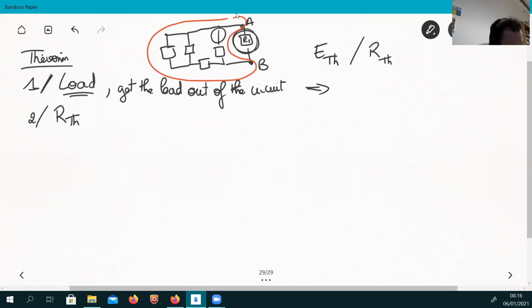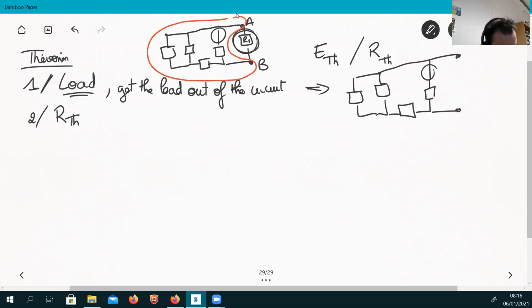So if I go back to my example, then I have something like this. All right. So to get RTH, first thing, you're now considering this circuit here. First thing is to turn off all sources.